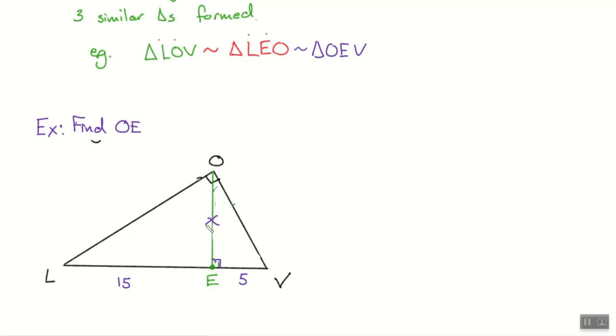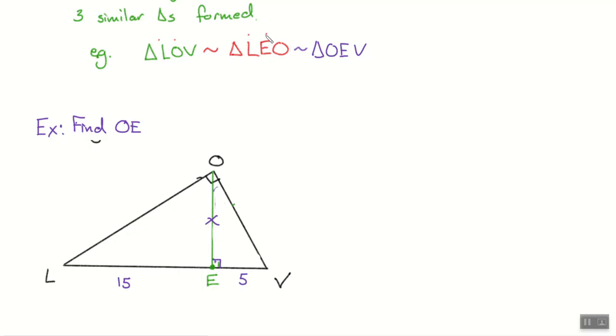So is OE on this red triangle, and is OE on the purple triangle? That's my first little thought: maybe I can use these two triangles in the fact that they're similar. Let's just see what shakes out.